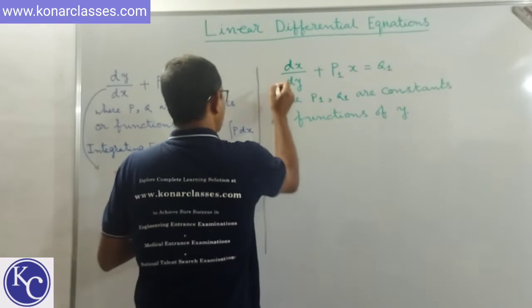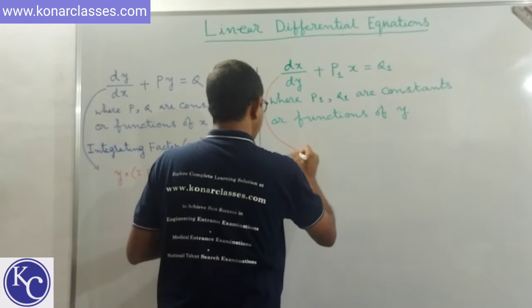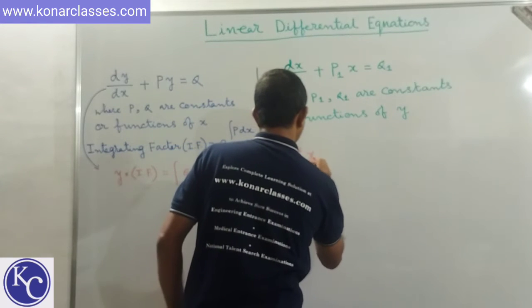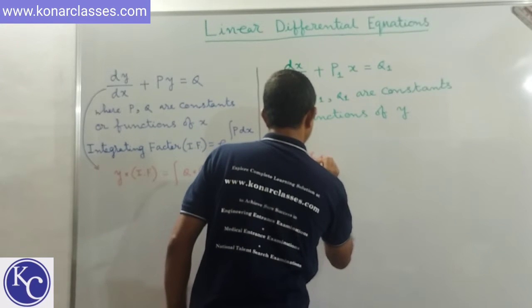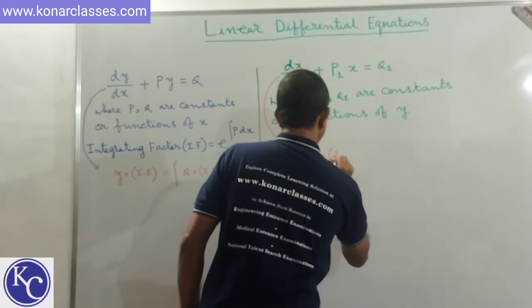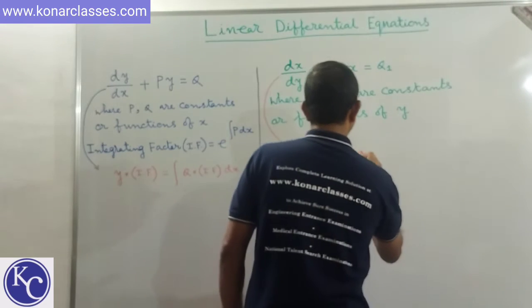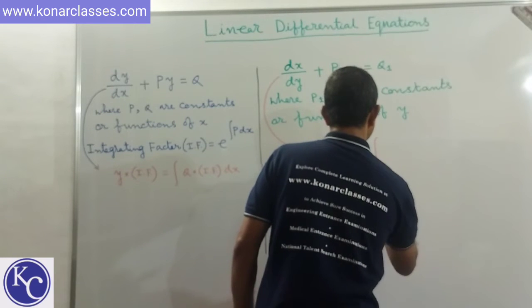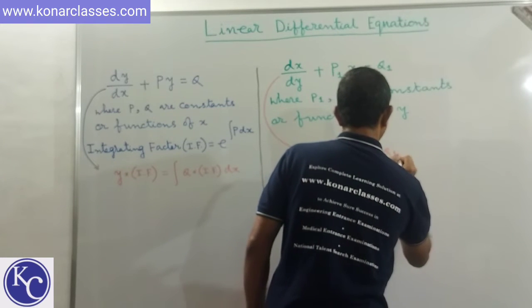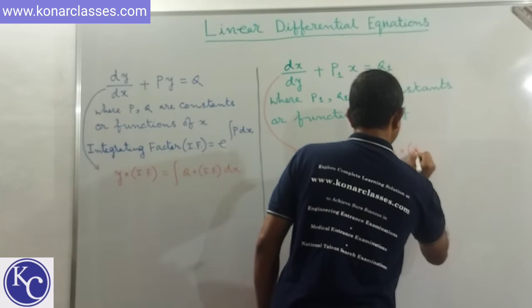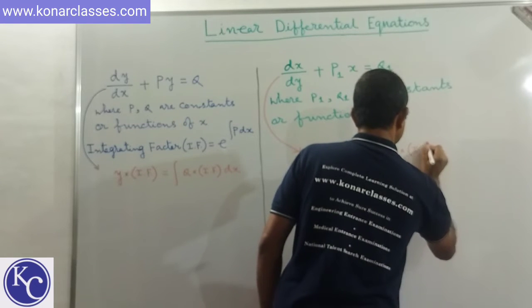For that, x multiplied by the integrating factor is equal to integration of q1 into integrating factor dy.